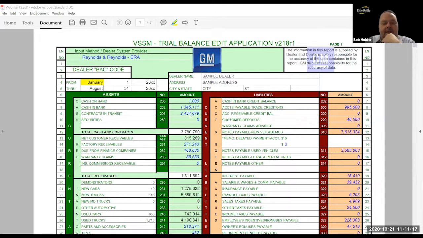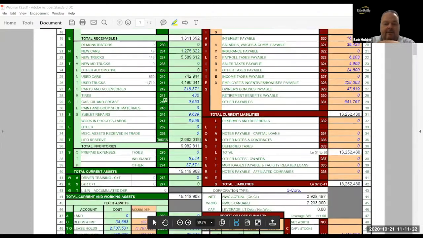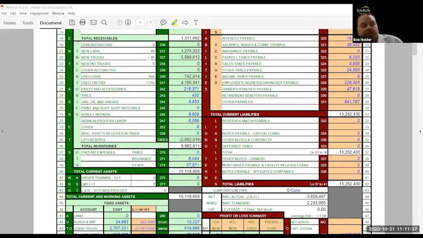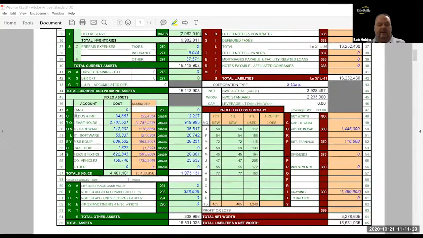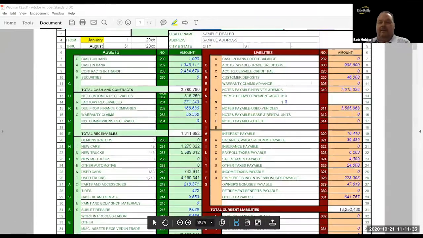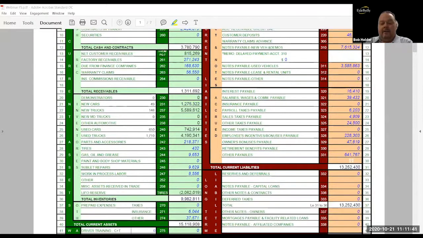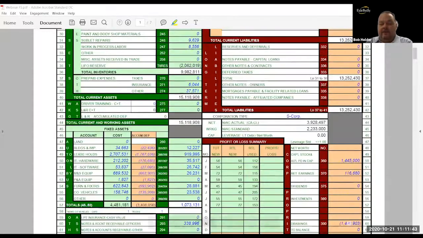So the balance sheet, in order of liquidity, has the assets on the left. As you go from current to long-term assets, your fixed assets are down at the bottom, and then any other long-term assets are listed here. On the right side of the balance sheet are the liabilities, again listed in order of liquidity, short to long term, and then the equity breakdown.